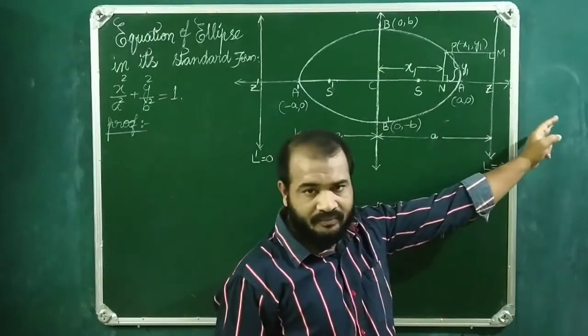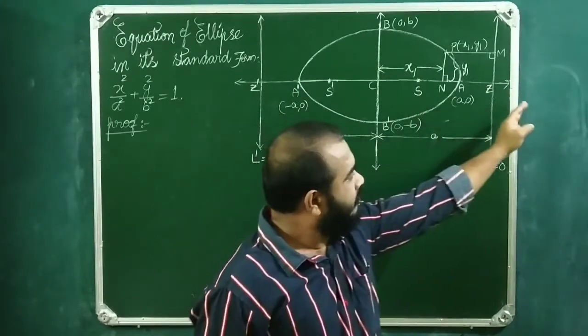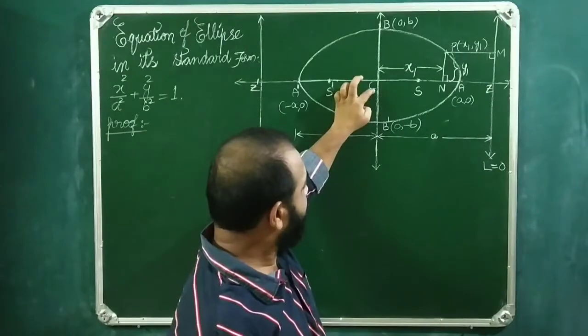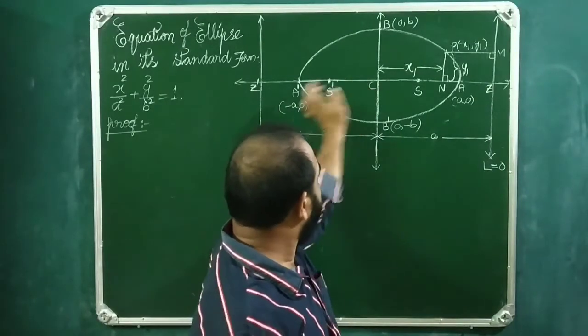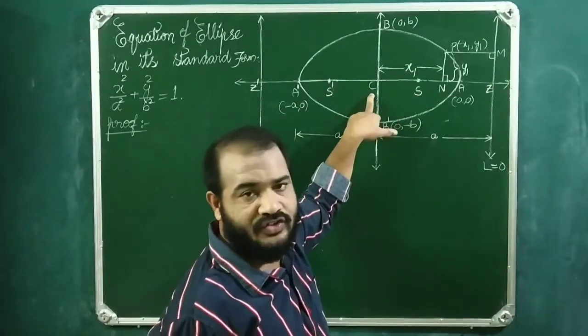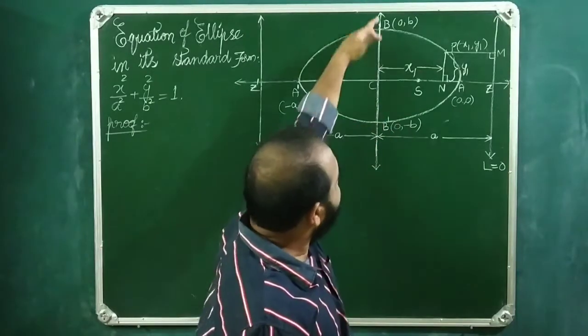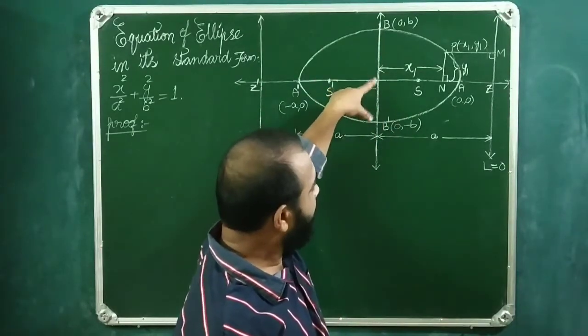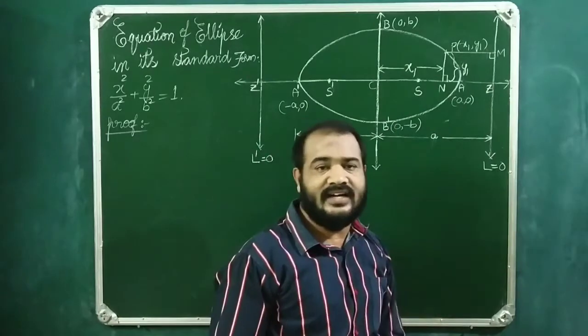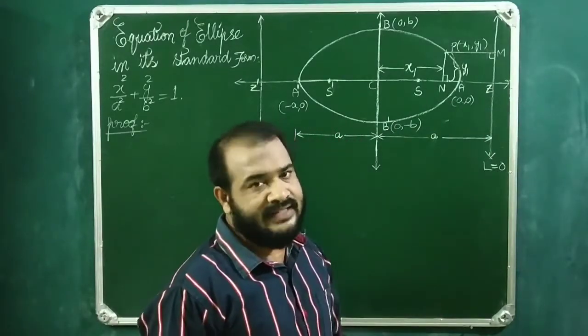SZ, if we extend, then it is the x-axis. C is the midpoint of AA dash. Let us take C as the origin, and the line which is passing through this C and perpendicular to this extended line CZ is called the y-axis.